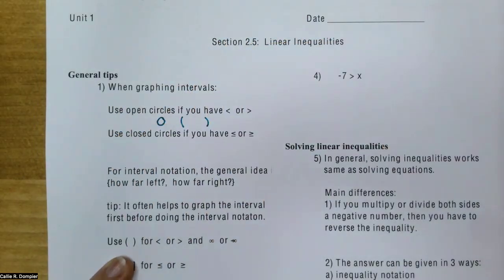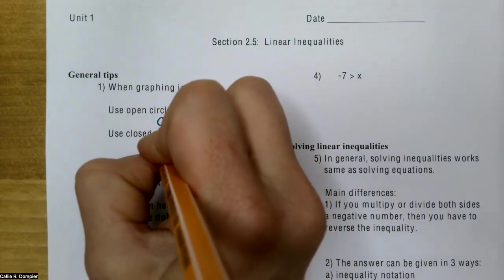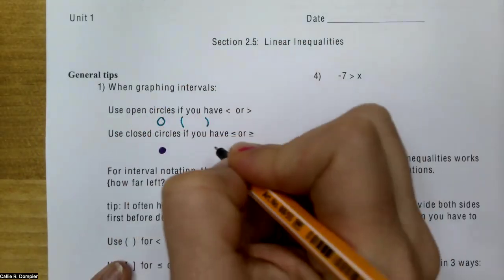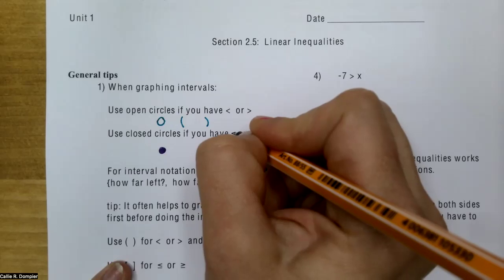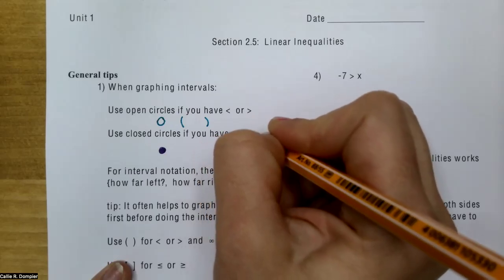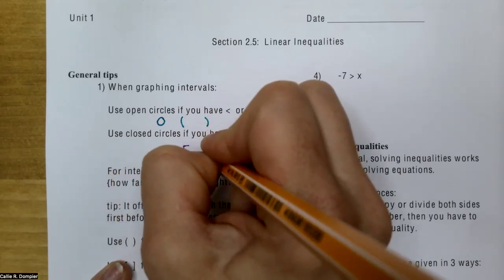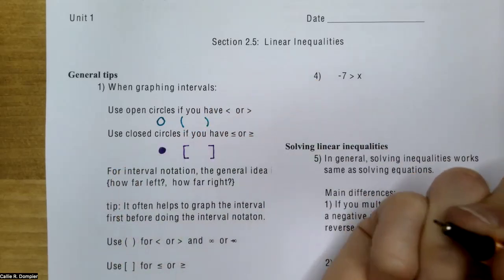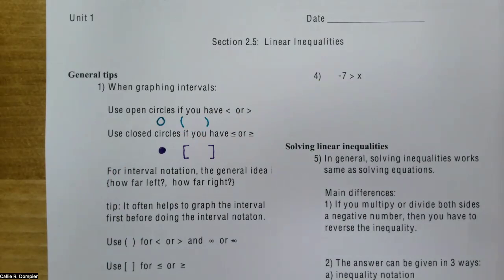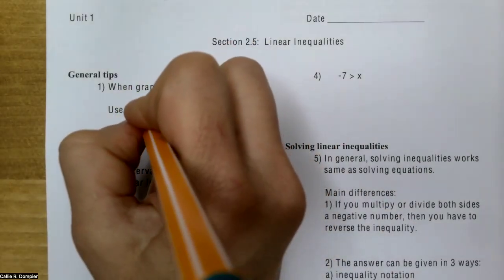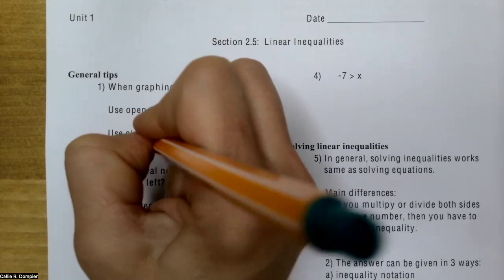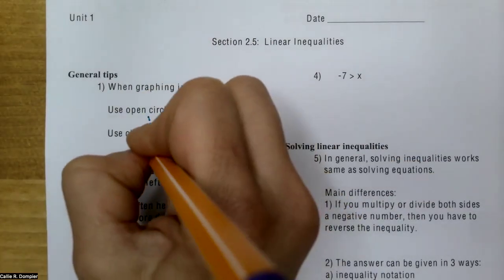Open circles also go with parentheses. Use closed circles, just like a filled in dot, if you have less than or equal to or greater than or equal to. And those will be brackets instead of parentheses. You also may see that this would be a dotted line and this would be a solid line.